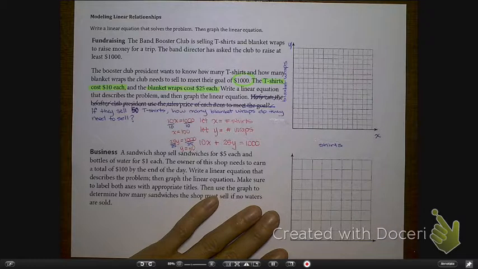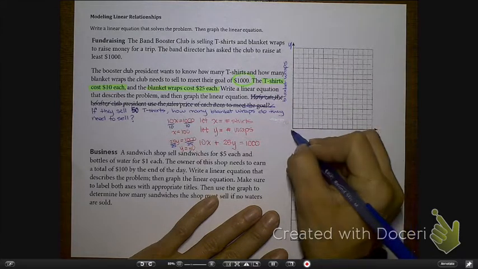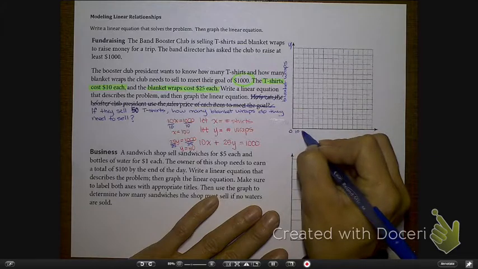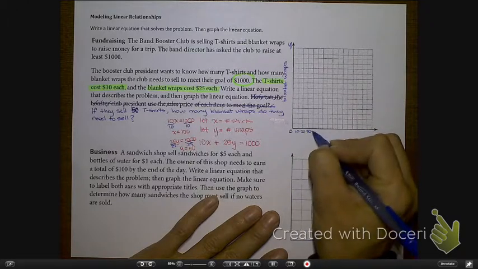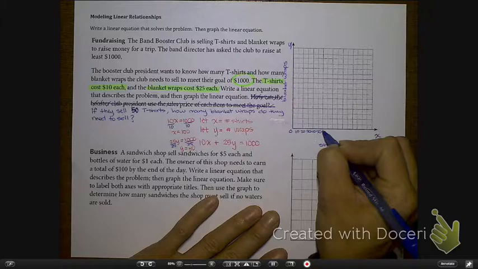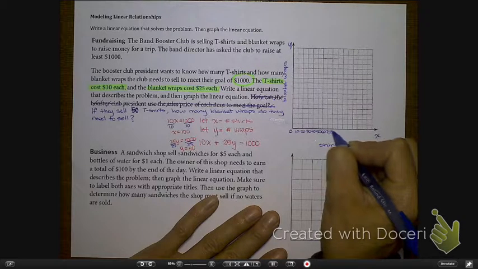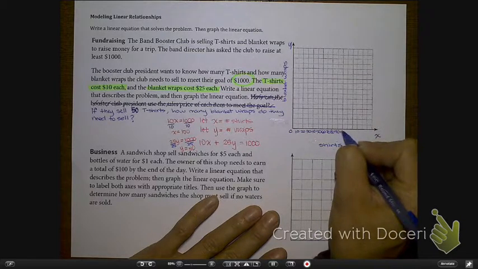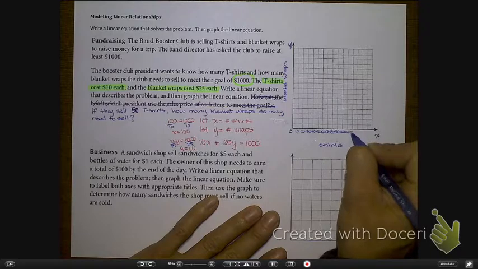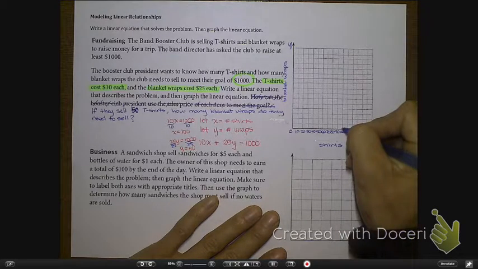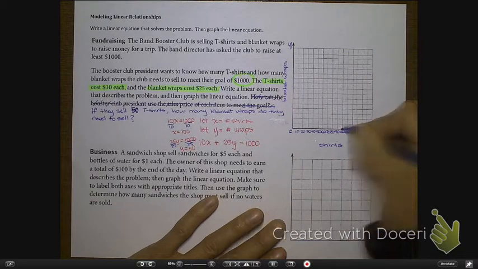So fives doesn't work, okay? So let's count by tens. Okay, and we're going to put our x-intercept right there at 100.